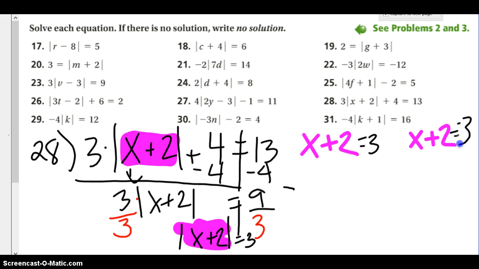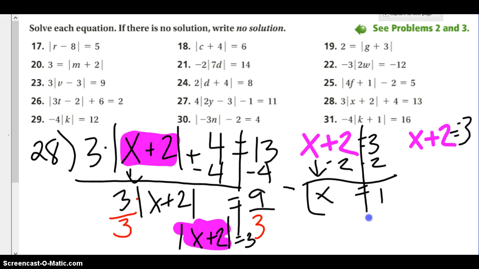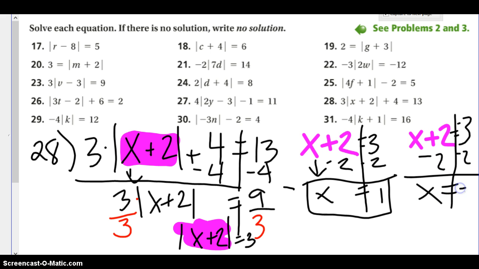Negative 3, because this whole thing is 3 away from 0. So how do I undo this plus 2? Minus 2, minus 2. So I drop it down. x equals 1. x minus 2, x minus 2. x equals negative 5. There you go.